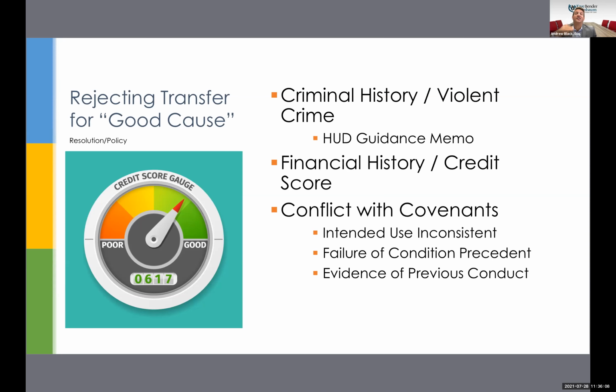These good cause criteria, these four or five things I spoke about, we prefer that your declaration spells it out. You definitely need approval rights there. We prefer, if you're doing amendments, you should add this there.